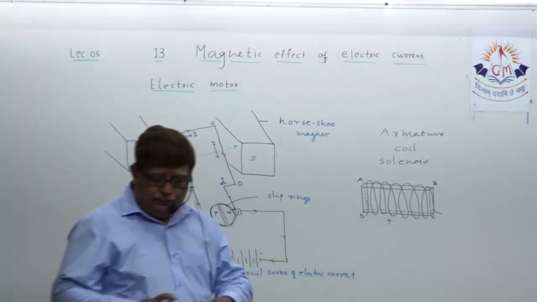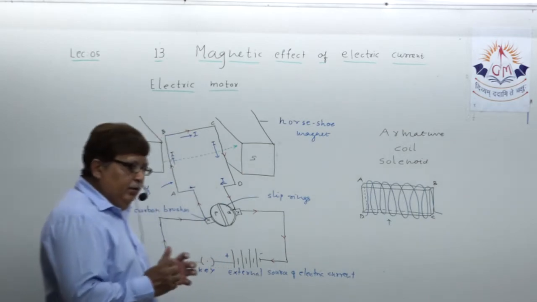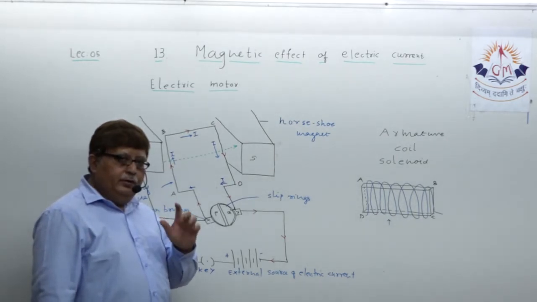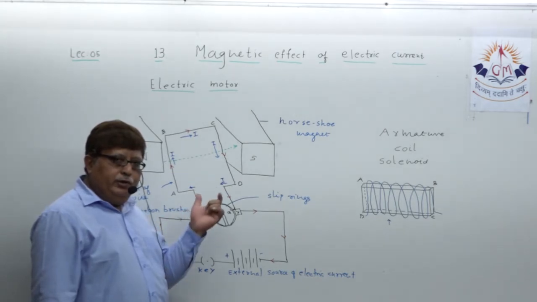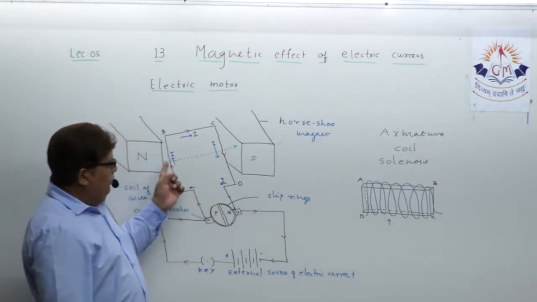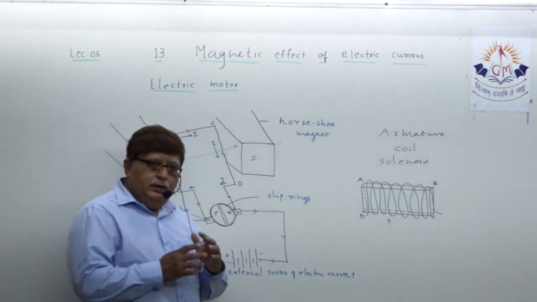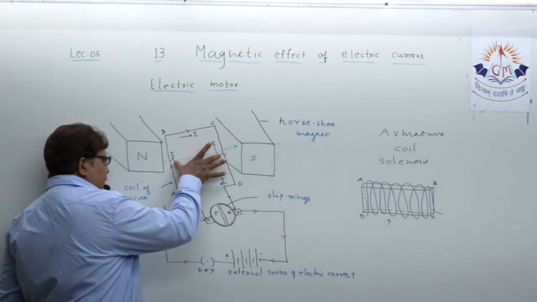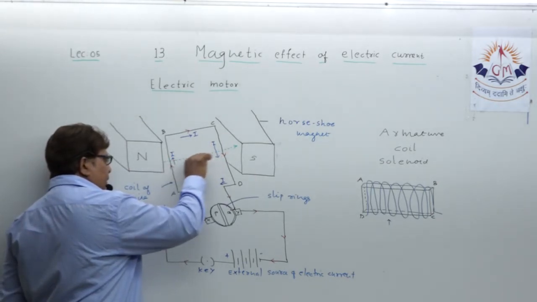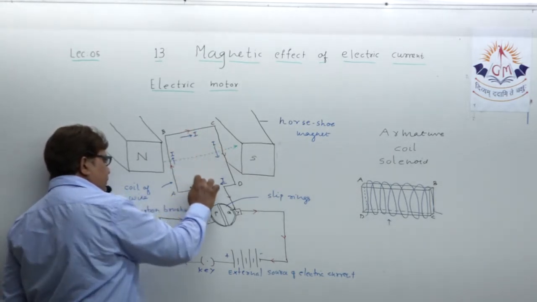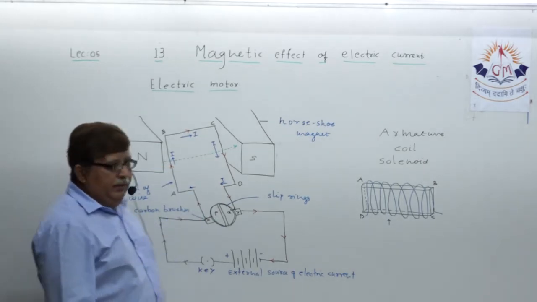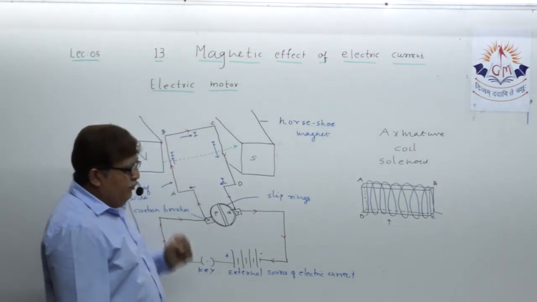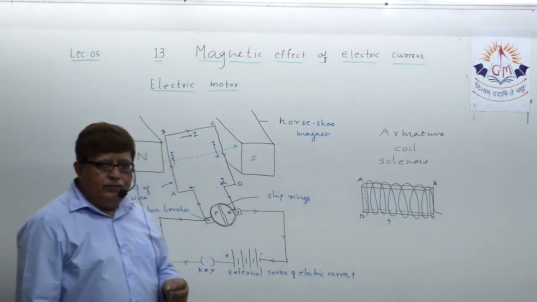So, dear student, what you can observe here is this, that if you compare four edges of the rectangular coil of wire, at two edges the direction of electric current is perpendicular to magnetic field, but on these two edges here, the direction of electric current is parallel to magnetic field, and you know Fleming's left hand rule.